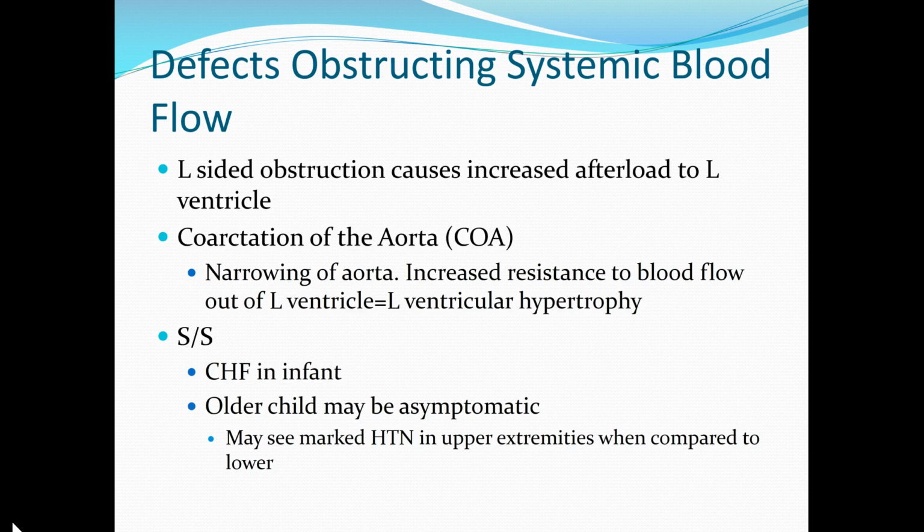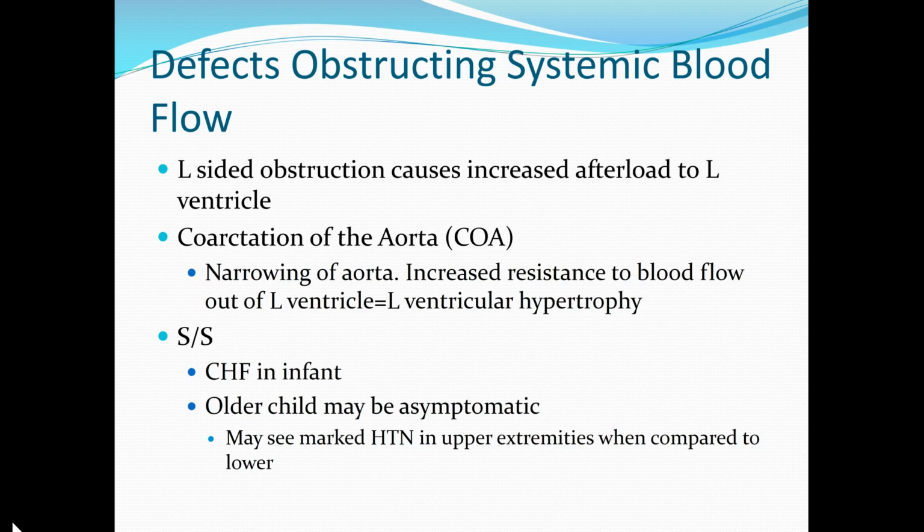Signs and symptoms include you're going to have CHF in infants. The older children may actually be asymptomatic. However, you're probably going to see marked hypertension in upper extremities when compared to the lower extremities. So that also means you're going to see stronger pulses in the upper extremities than the lower extremities.